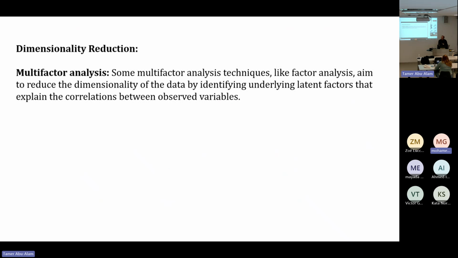Again, dimensional reduction. Multi-factor analysis techniques like factor analysis aim to reduce the dimension of the data. If you have data with 100 variables, you reduce them to 5. Instead of drawing figures for 100 variables, you work with only 5, and these 5 include all the information within the 100.